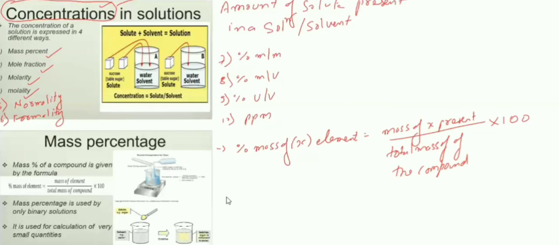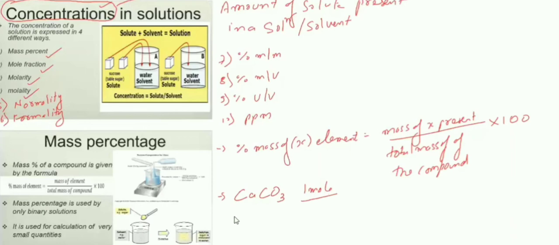Let's take an example. Let's say I have a compound, calcium carbonate, CaCO3. This is 1 mole of calcium carbonate. I want to find the percentage of calcium present in 1 mole of calcium carbonate.